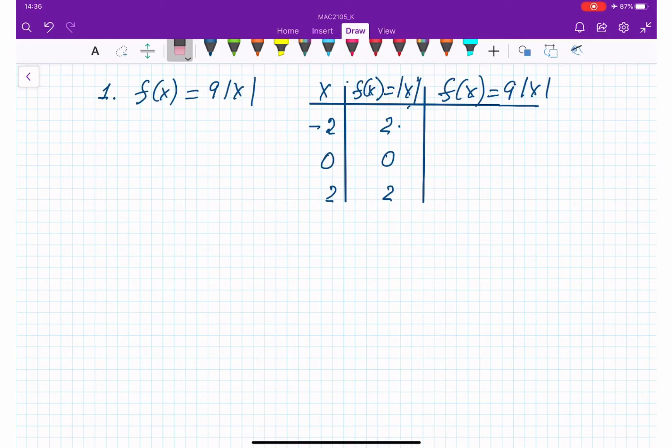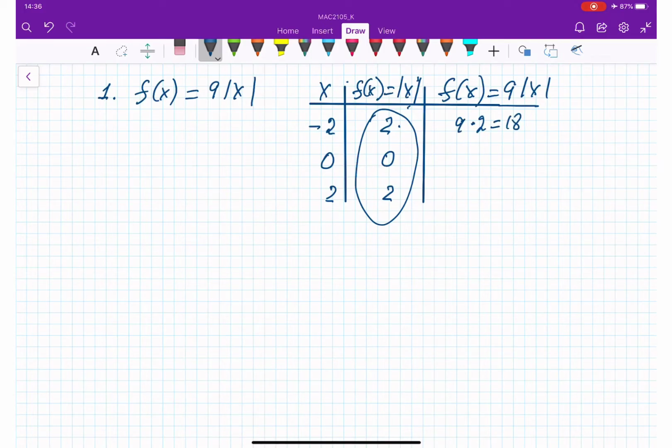Which means if here we have our absolute value of x, then 9 absolute value of x is going to be 9 times 2, equal 18.